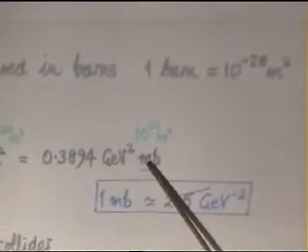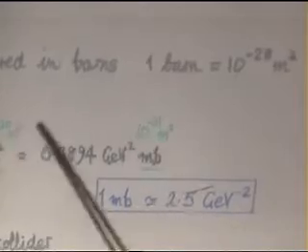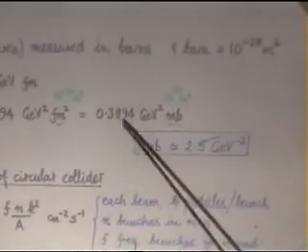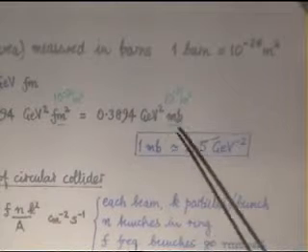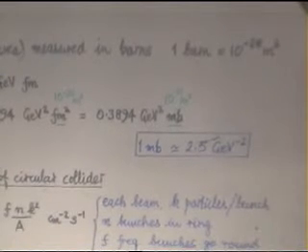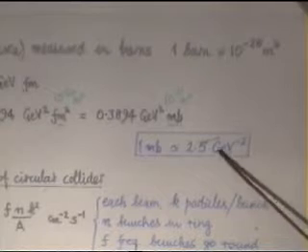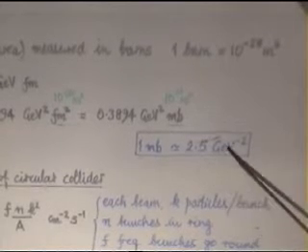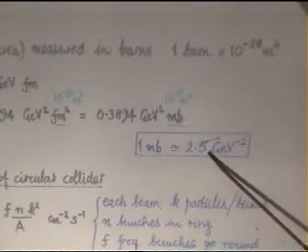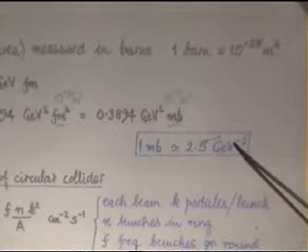That would give me a millibarn. And you can see there's just a factor 10 difference. So I've got to multiply this by 10 for this number here. So as this thing is equal to 1, it tells us 1 millibarn is 1 over this thing, which is about 2.5 GeV to the minus 2. So in the units that we're using of GeV, a millibarn is about 2.5 GeV to the minus 2.